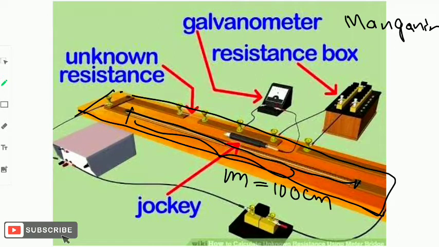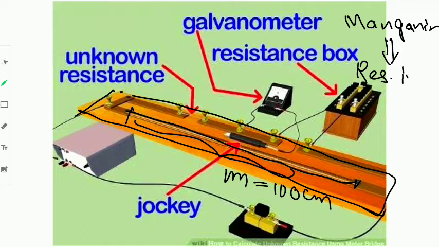Why only manganese wire? Because the resistance of this wire is independent of temperature. It means if the temperature rises or decreases, the resistance remains the same. There is no change in the resistance of this manganese wire.